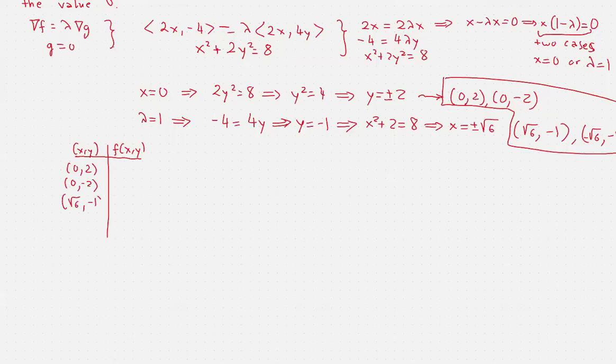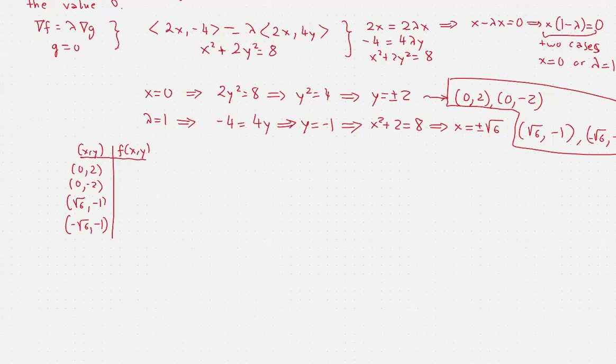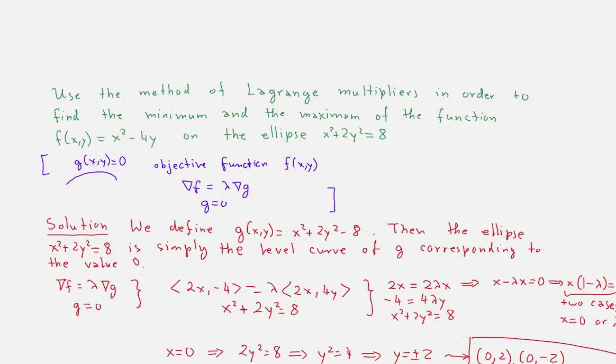And what do we get? Well, the function was x squared minus 4y. So here we will get minus 8, and here we will get 8, and here we will get 6 plus 4, which is 10, and another 10 here.